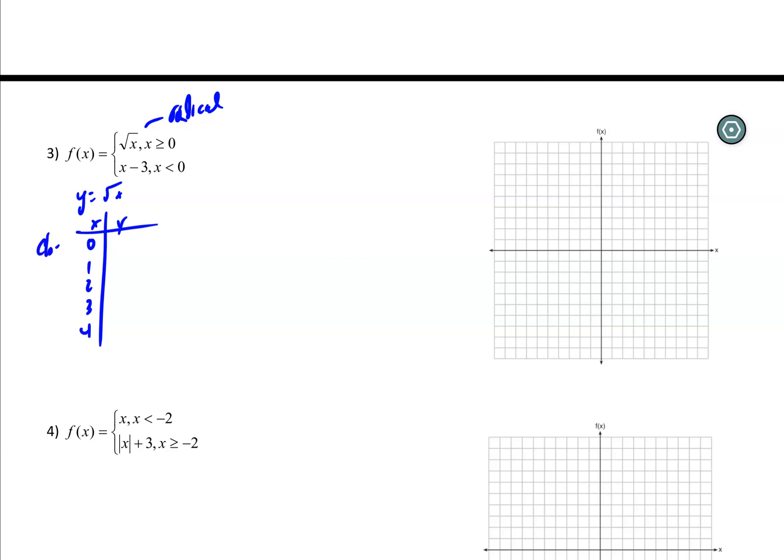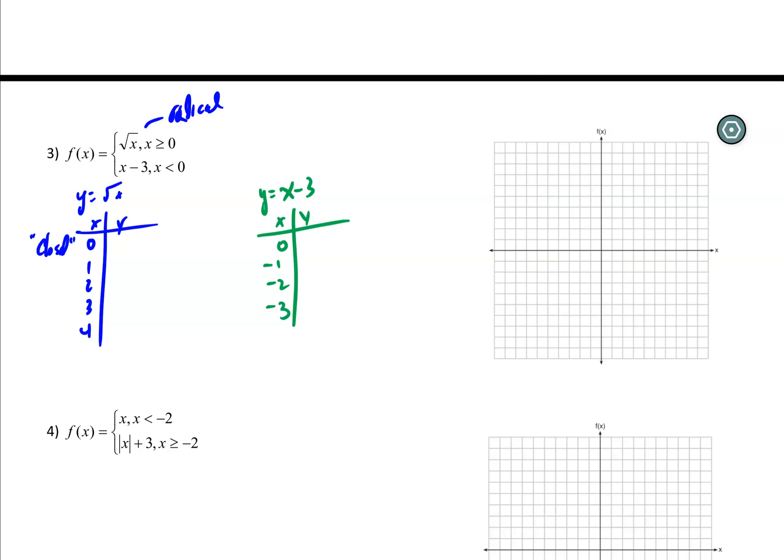It's closed. All right, for that one. And then we're going to also say when y is equal to x minus 3, I'm sorry, I'm going to find my x's and my y's for that one when x is less than 0. So 0, -1, -2, -3, so on and so forth.